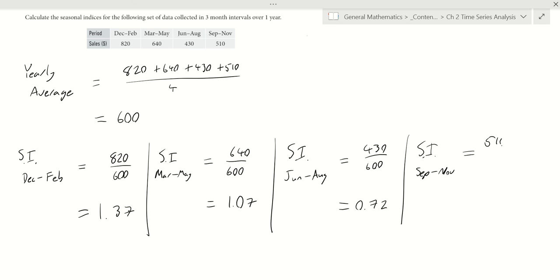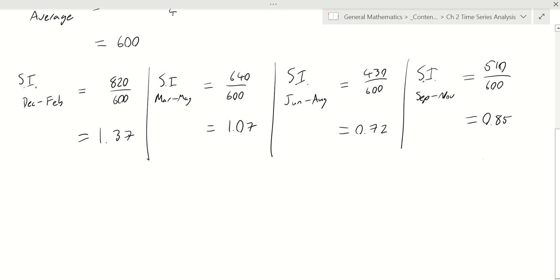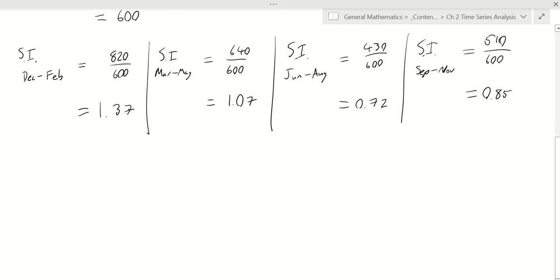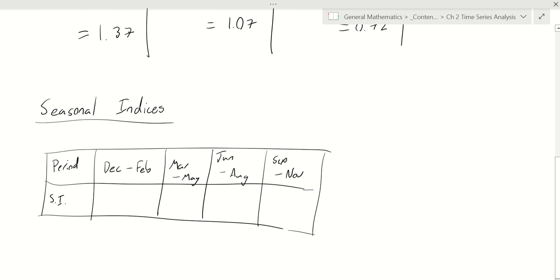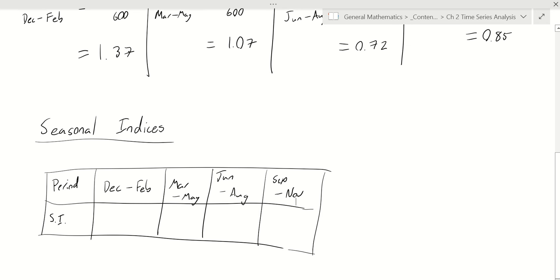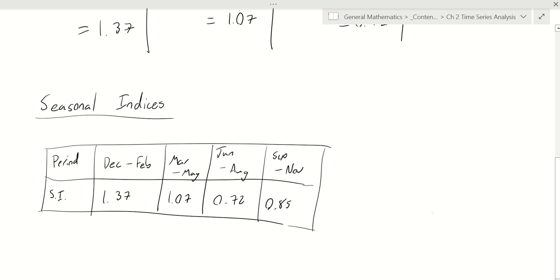In this case, because we had 4 seasons, we've got to do the calculation 4 times. So there we go, those are our 4 seasonal indices. Just for simplicity, we might rewrite these in a table. These are our 4 periods, and I can just copy down these seasonal indices. So there are my 4 seasonal indices.